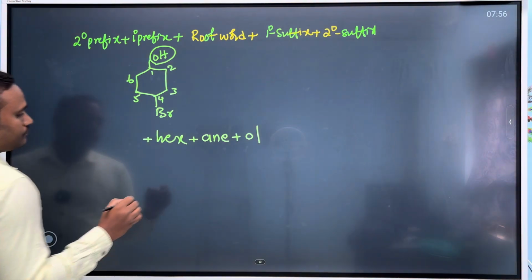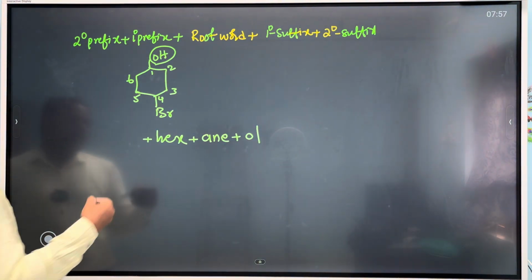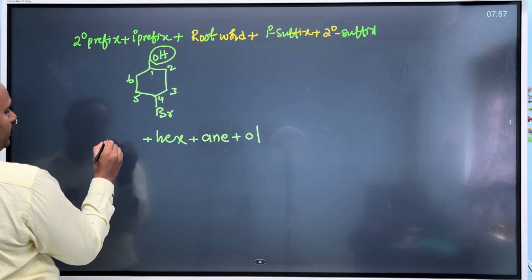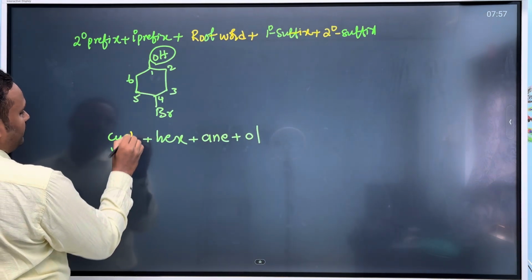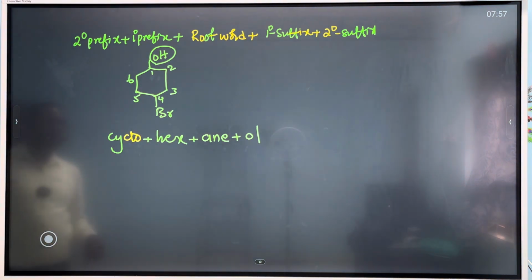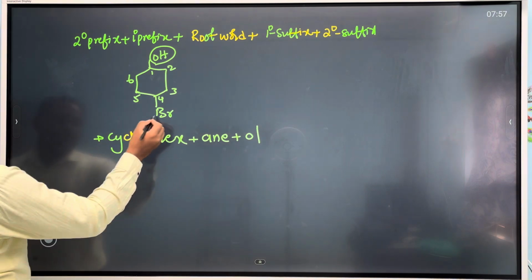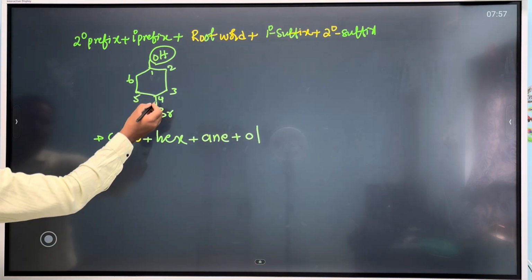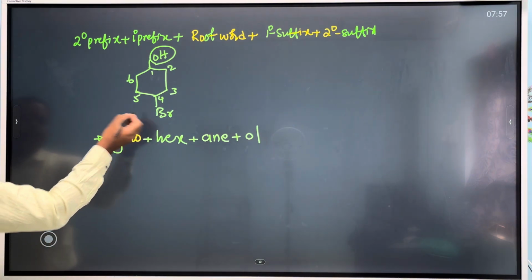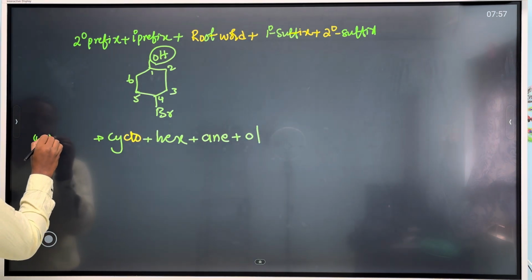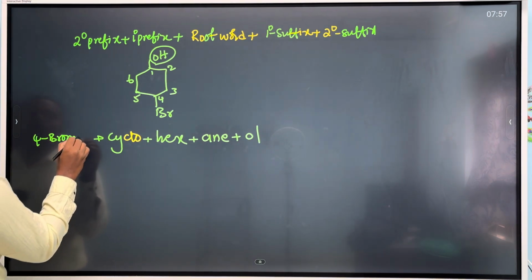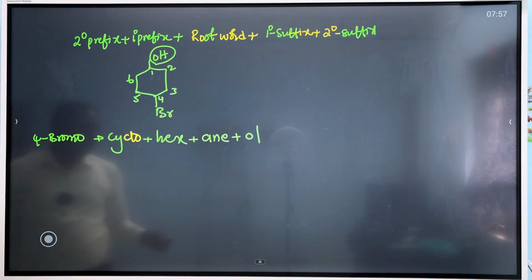Next, primary prefix. It is a cyclic compound, that's why we use the primary prefix cyclo. Next, secondary prefix. It gives information about the substituent, bromine. So what is the position of the substituent? Fourth. 4-bromo. Cyclohexane-ol.